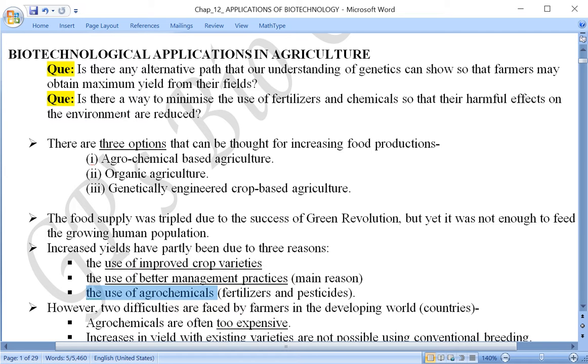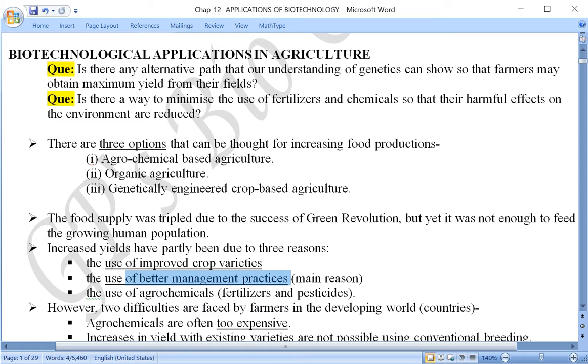Agrochemicals, what we have discussed here as agrochemical based agriculture, is the same thing mentioned here, that is the use of fertilizers and pesticides. Once again, this tripling of food production has been possible partly due to the three main reasons. Out of that, the second point, the use of better management practices, is the main reason.